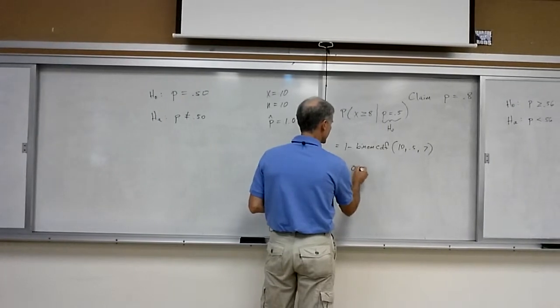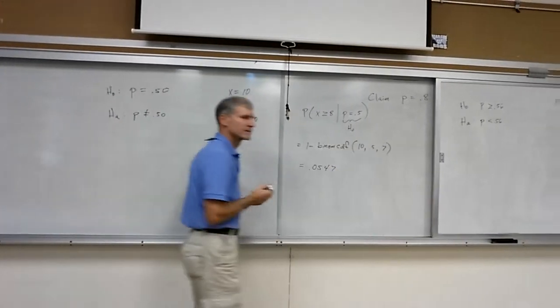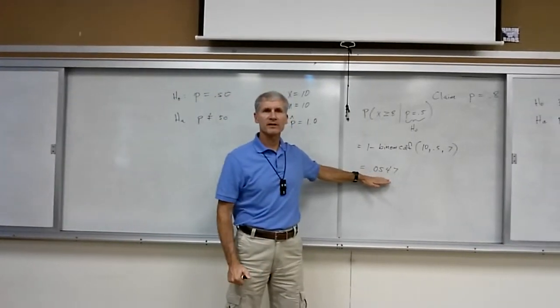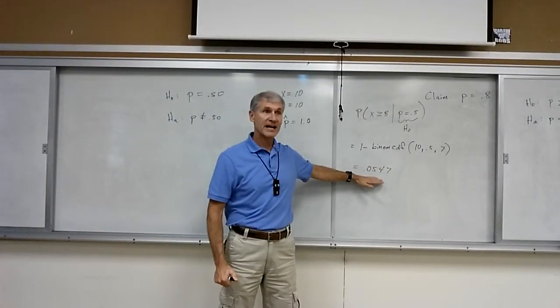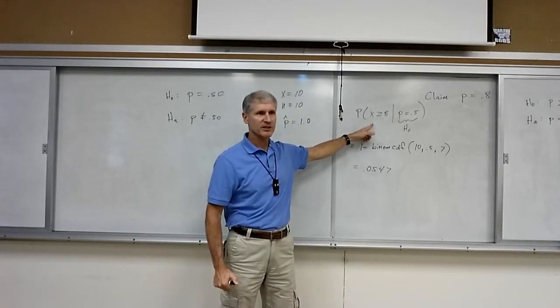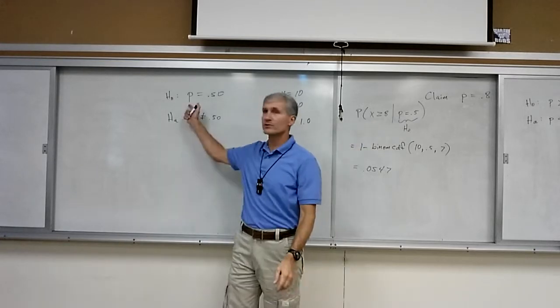0.0547. Okay? That is a very low probability. If there's a 5% chance that you could get 8 or more, that means there's a 95% chance you couldn't get that if the null was true.